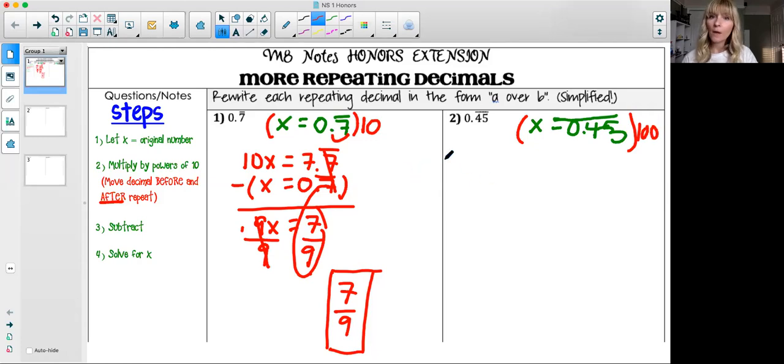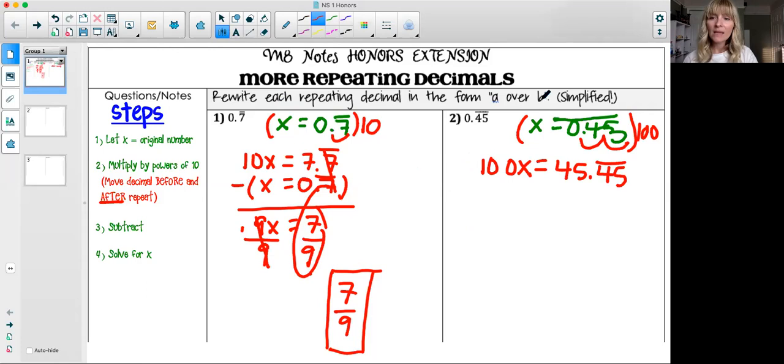So I always try to get the decimal after the repeat first. And then I'm going to write this down here. So that's going to make 100x this time equals. Now, if I move this decimal twice, that is going to give me 45 point, and the 45 still repeats.